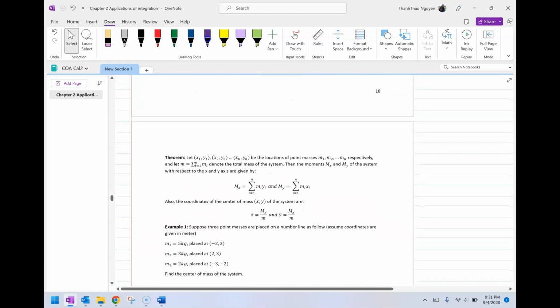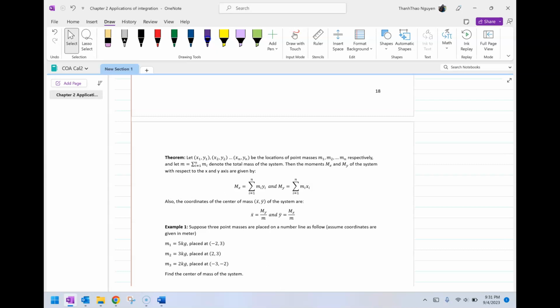Let the points x1, y1, x2, y2, to x sub n, y sub n be the locations of the point masses m sub 1, m sub 2, to m sub n respectively, and let m equal the total mass of the system. Then the moments m sub x and m sub y of the system with respect to the x and y axes are given by the formulas.